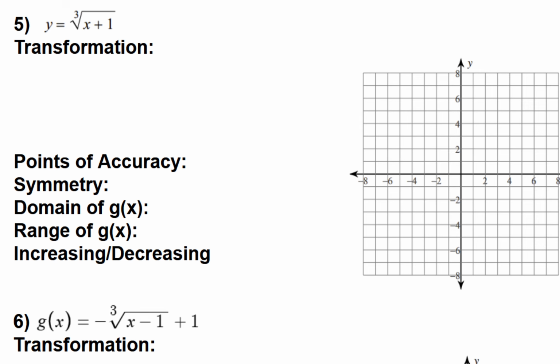For the next one, we have y equals the cube root of x plus 1. In this particular question, my first step is to identify the transformation. So looking at this, y is translated left 1 unit.